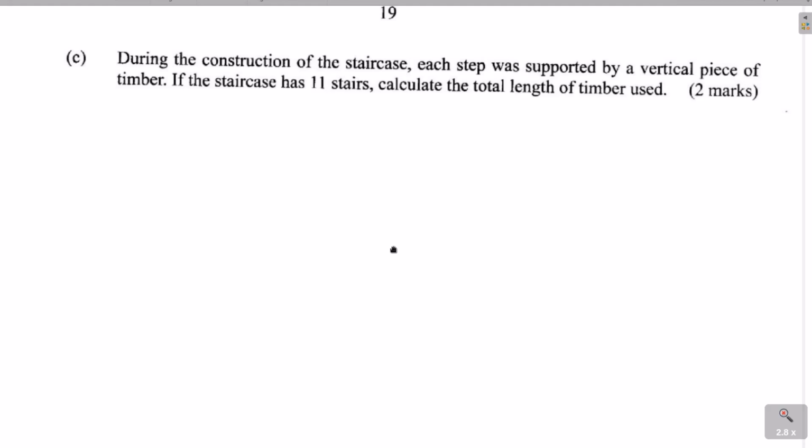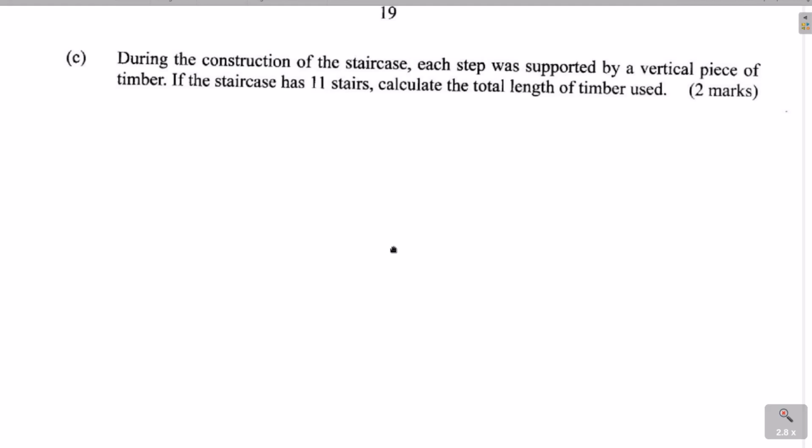So when you look at this question, we want to find the total length of the timber used, and this timber is supporting the 11 stairs. So that means if we get the total length from the first stair to the 11th stair, that will be the length of the timber that is going to be used to support all the 11 stairs. So in short, this length of timber will represent the sum of all the heights of the stairs.